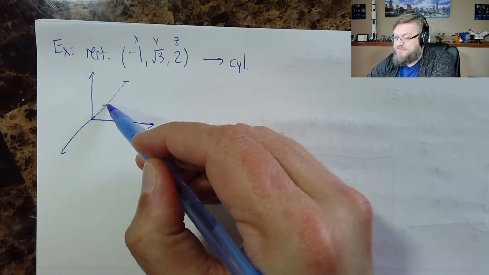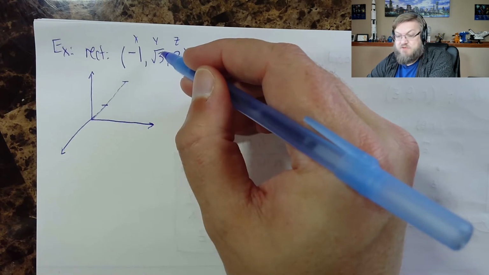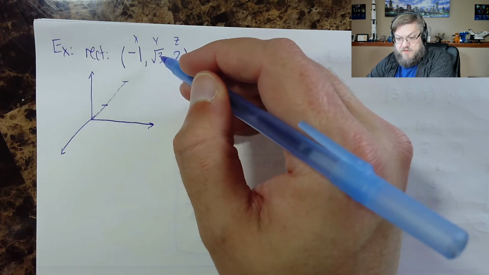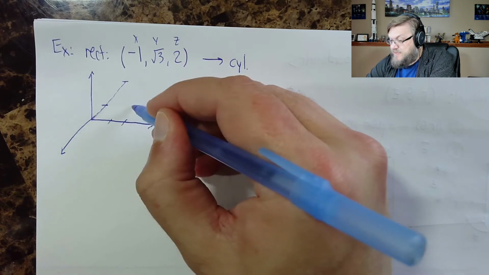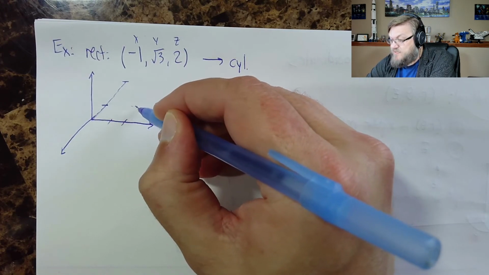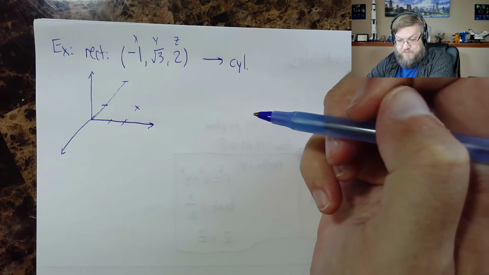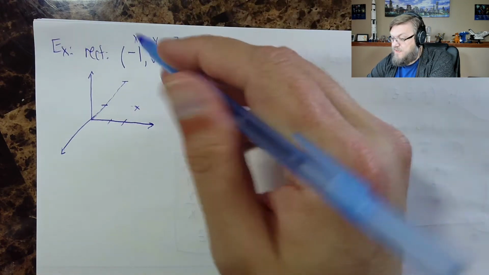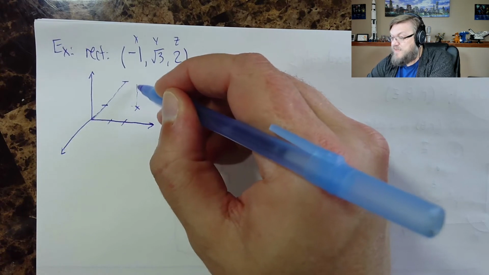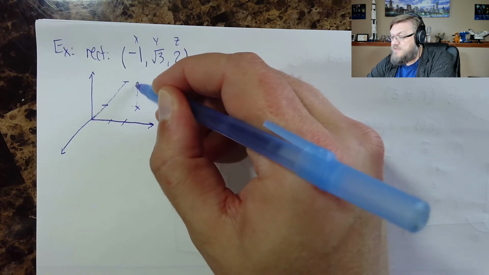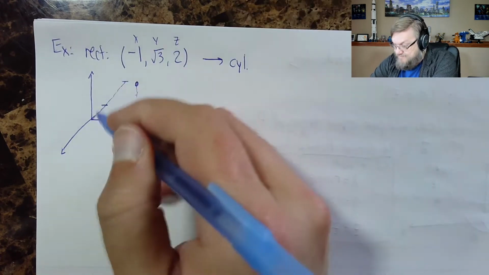Y is square root of 3, which is a little bit more than 2. So I'm going to go 1, 2, and just a little bit past that. I'm going to say that the projection lives there. And then 2 up, so 1, 2. Let's say it lives about there.